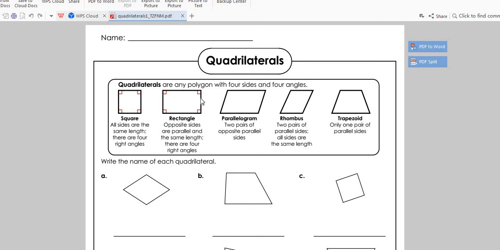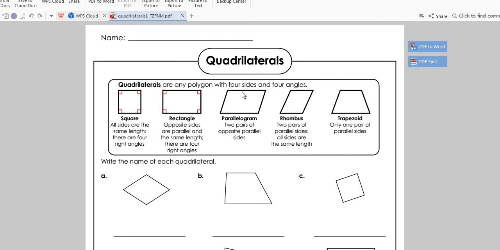When we move from this point to this point, it's the same distance as from this point to this point. So this is called parallel. Both sides go in the same direction. So we have two opposite parallel lines, and the two opposite sides are also equal in length. And inside they have four right angles.